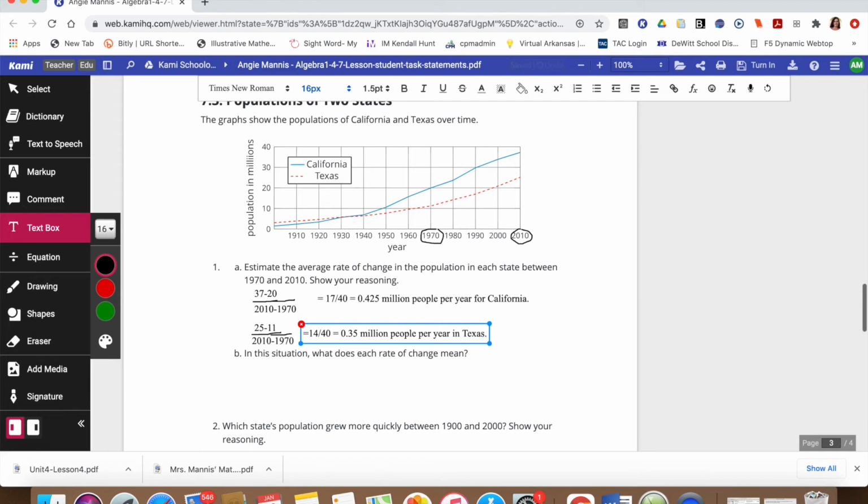Okay, so we just calculated the rate of change for those populations during that span of years, 1970 to 2010. Part B is asking, in this situation, what does each rate of change mean?